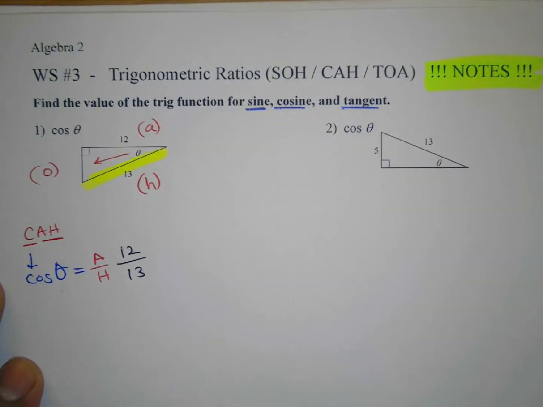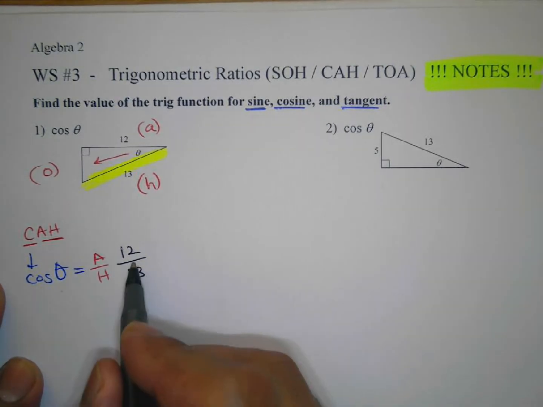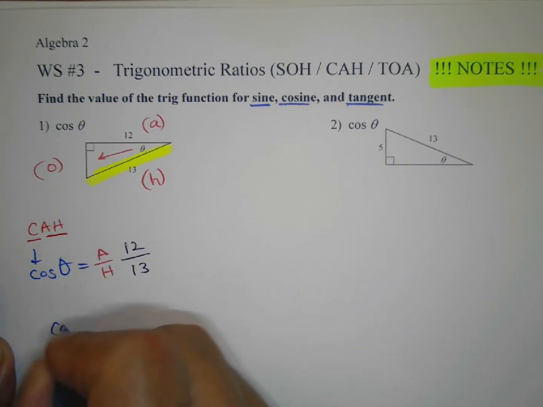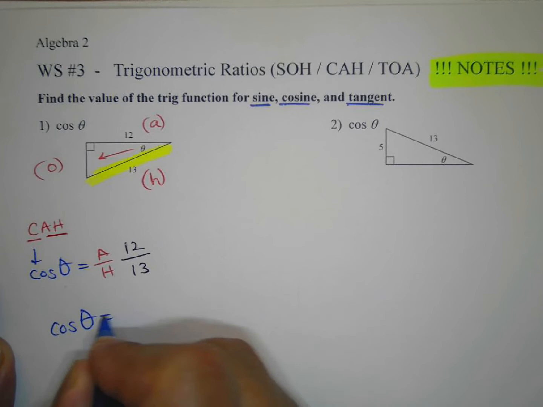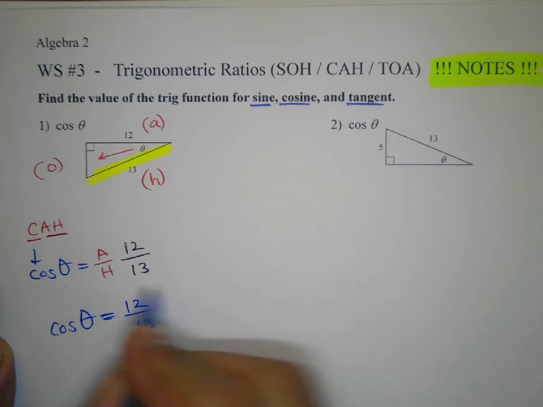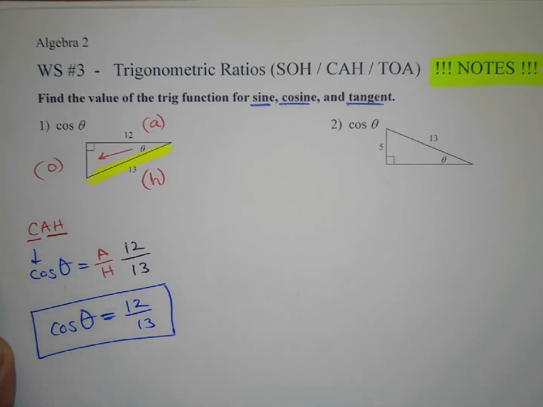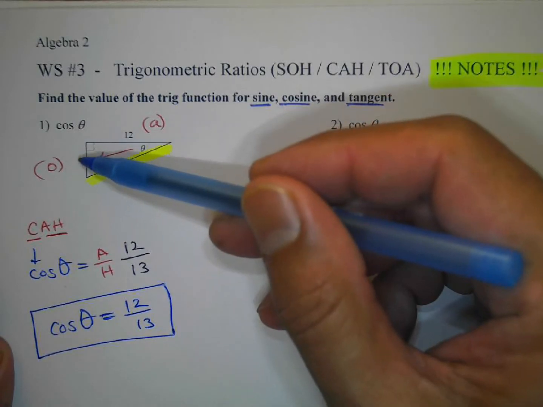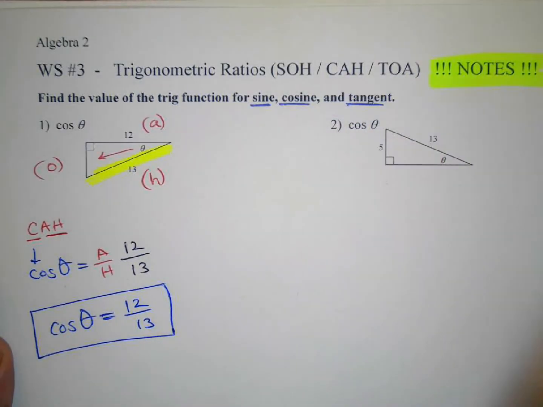And that would be it, because there's nothing to reduce. There's no square root. So we're done. Cosine is 12 over 13. If it's just the one individual one, and I think in your assignment you just have to do one, okay, but most likely the one that's missing is the one you're going to need. So that's what we're going to see now in the rest of these problems.